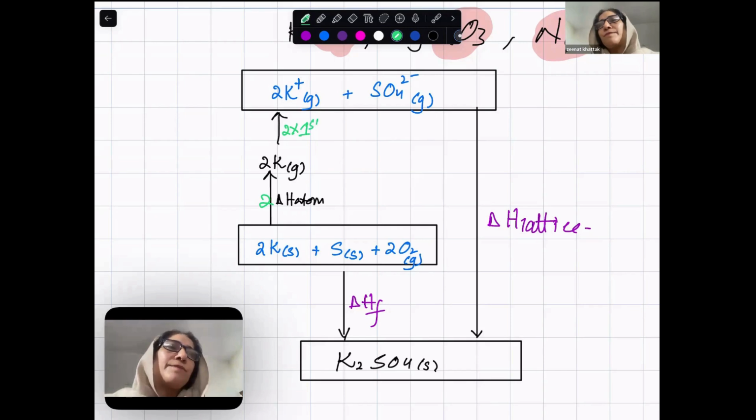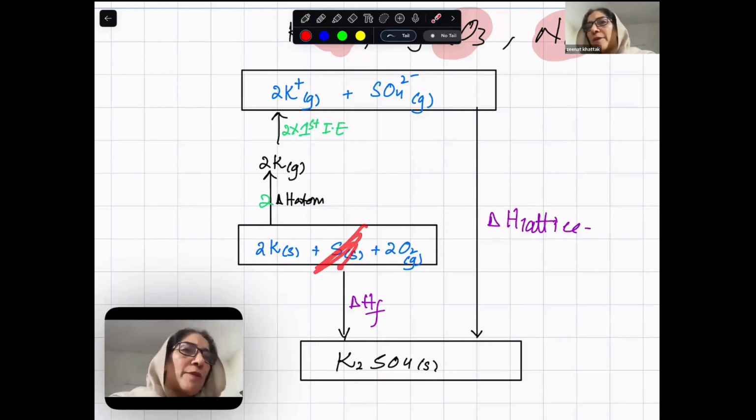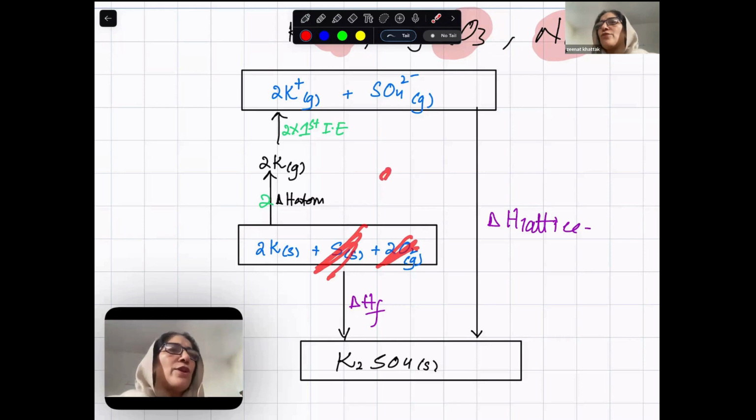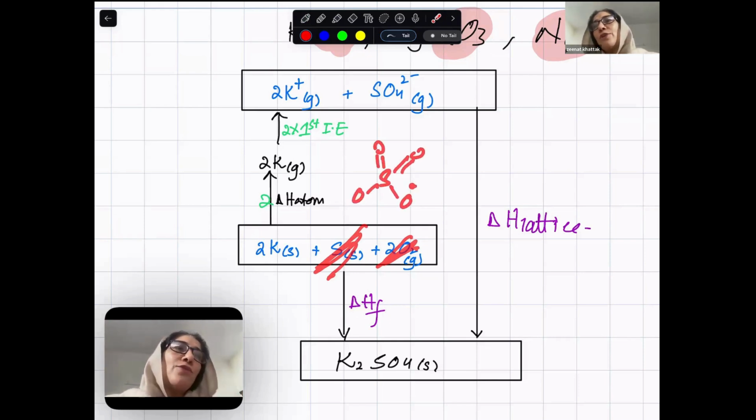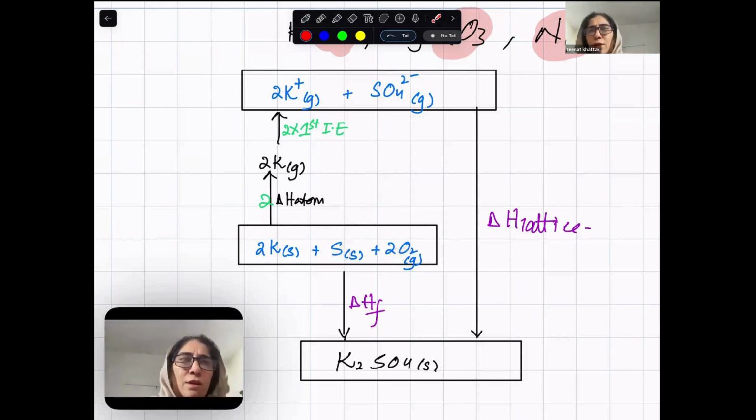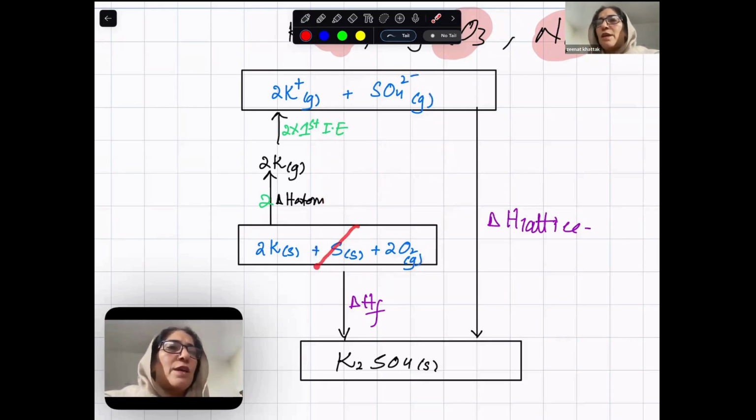First, ionization energy. Okay. What about this? Their bonds will break, and they are going to make new bonds, and then they are going to gain electrons. Like a lot of things inside this.